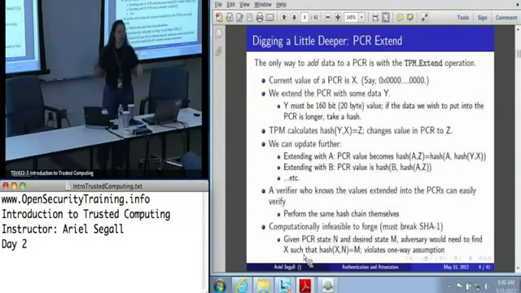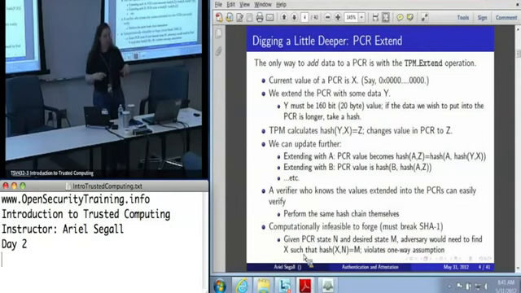So we've got some value in a PCR. Let's start with all zeros because that's where we always tend to start. We will extend the PCR with some lump of data y. I'm being arbitrary here. It's going to be a 20 byte value. If you want to put a giant file into a PCR, hash the file, then extend it with the hash.